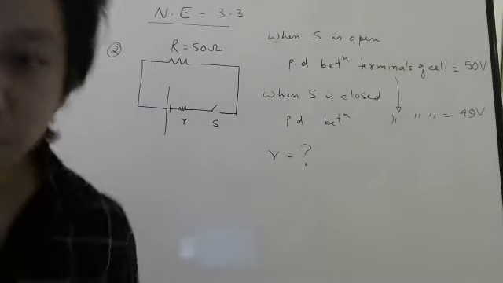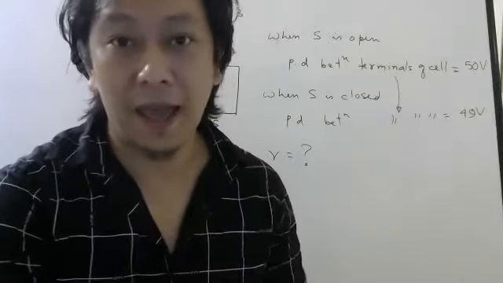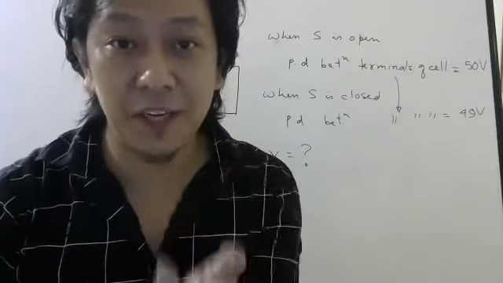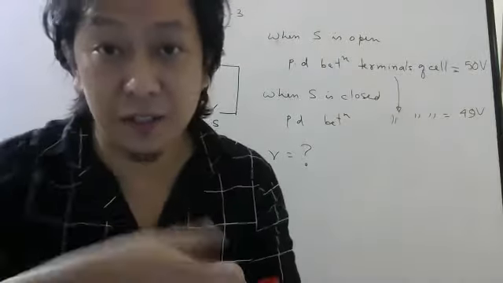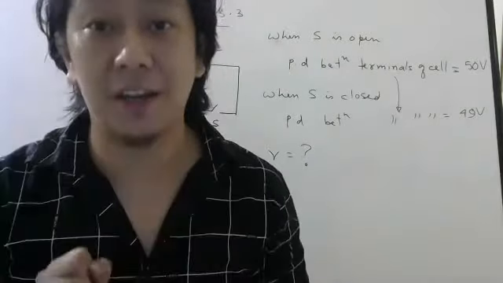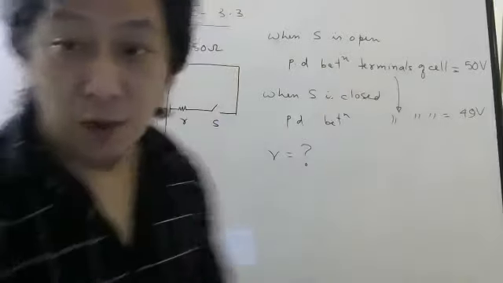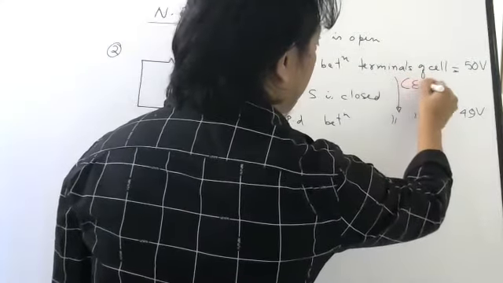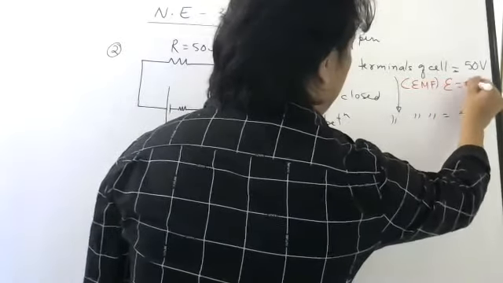Now I hope all of you know the differences that I gave you between EMF and terminal voltage. EMF is the potential difference between the terminals of the cell when no current is drawn, when no current is taken. No current is taken means when the switch is open. So whatever first part they gave you, this is nothing but EMF, which we write E. So E they have given as 50 volts.